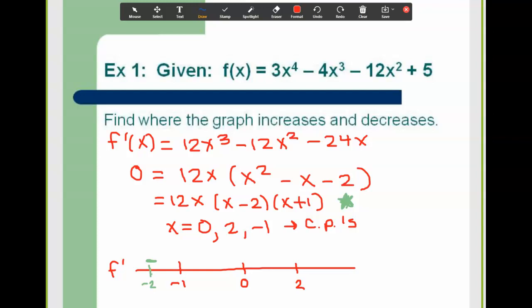From negative 1 to 0, so like negative a half. Plug that in here, you get a negative. Plug that in the middle term, you get a negative. Plug that in over here, negative 1/2 plus 1 is positive. So a negative times a negative is a positive. Positive times a positive is a positive.